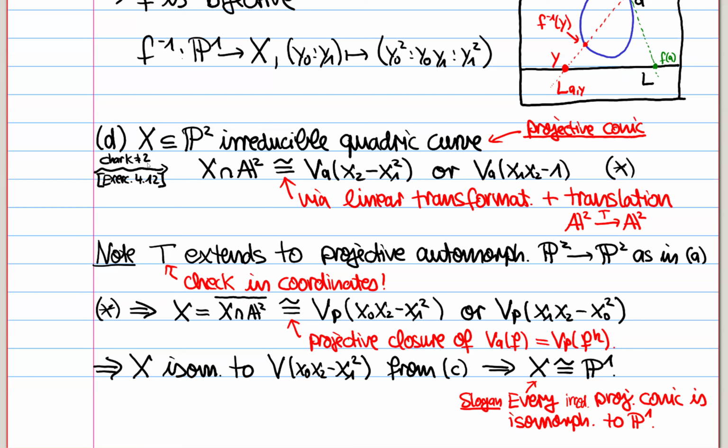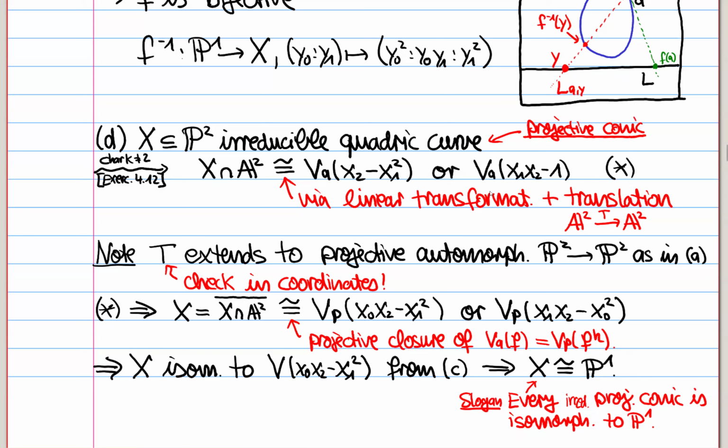Then what we can do is we can take the intersection of X with A2, a standard patch. Then we get an affine conic. And in that exercise in Gathmann's notes, you can show that any affine conic is isomorphic either to the vanishing locus of x2 equals x1 squared, the usual parabola, or the vanishing locus of x1 x2 equals 1, which is the usual hyperbola.